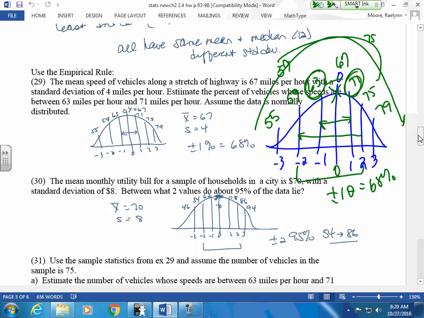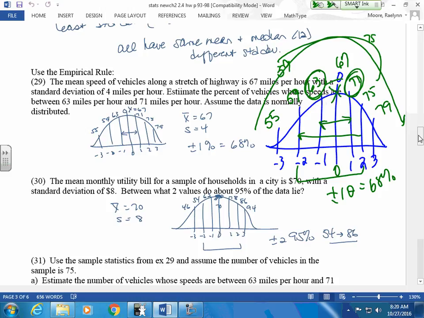Say I want to know what I estimate for the next 100 cars. Since I did this, I found 95% of them were from 59 to 75, so I take 95% of 100, which is 95 cars. I expect 95 of the next 100 to be between those 2 speeds, which is why we look at these.